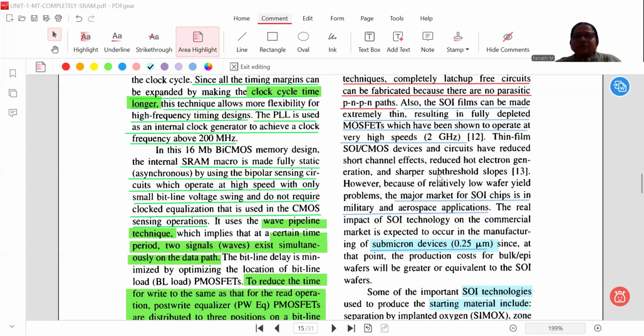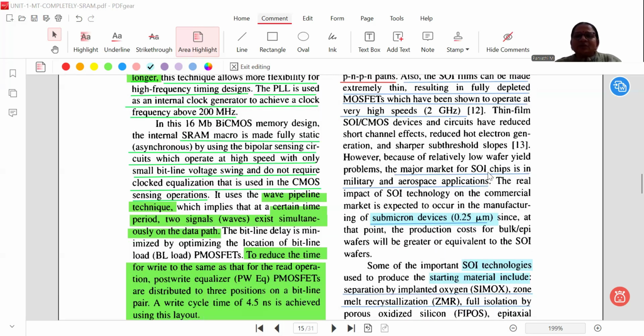The subthreshold leakage currents are very much reduced in a sharper, downward manner. And because of relatively low wafer yield problems, yield issues are eliminated or reduced, and yield also improves. So the major market concentration is on SOI chips in military as well as aerospace applications.